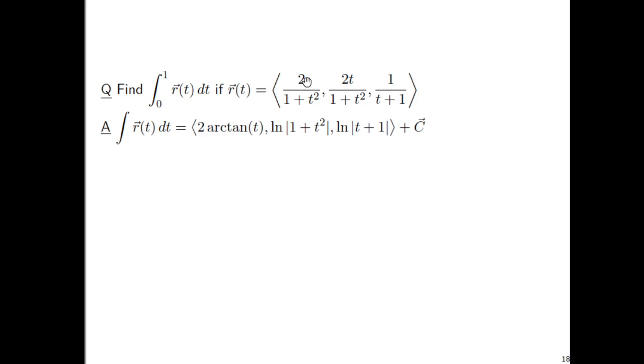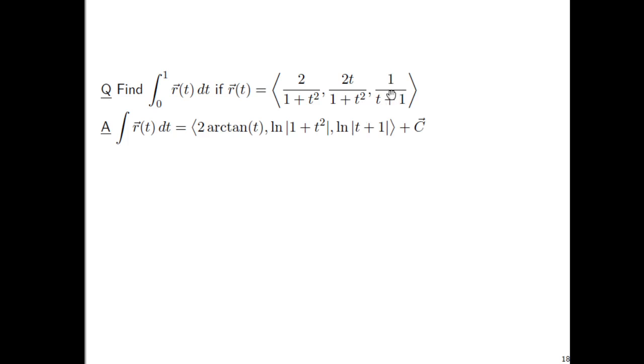You may recall that 1 over 1 plus t squared is a standard antiderivative. It's arctangent of t, and so we just have 2 times that. For the next one, I didn't show all this work here, but antidifferentiating 2t over 1 plus t squared is going to be a basic u substitution where u is going to be 1 plus t squared.